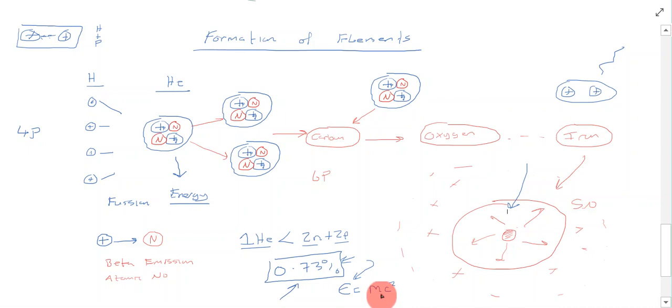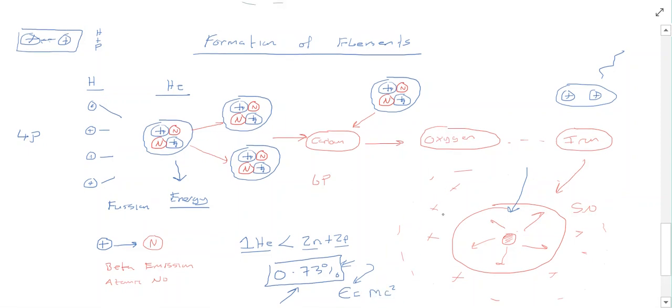If we put this mass into this formula as m, we can see that this constant, c squared, is a massive number. This is the speed of light. It's a huge number, and if we multiply it by even a small fraction like this, we're still going to end up with a fairly big energy value.